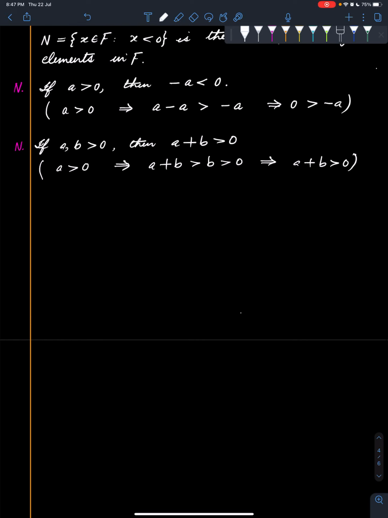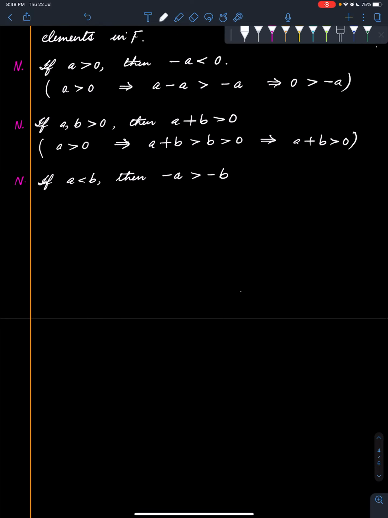Okay, and now another one is that if A is less than B, then minus A is greater than minus B, which happens because if B is greater than A, it implies that B minus A is greater than 0.